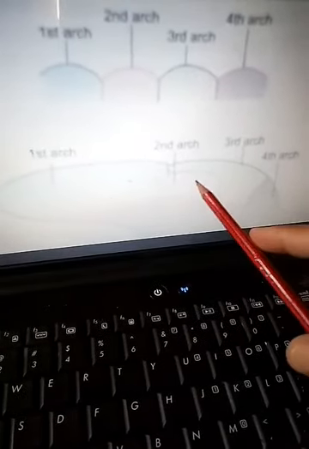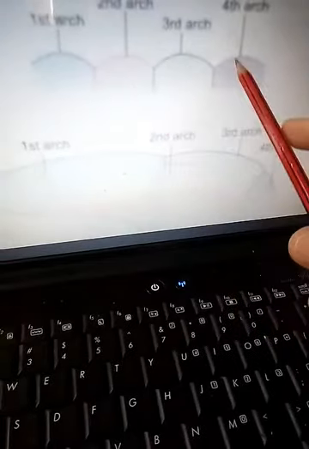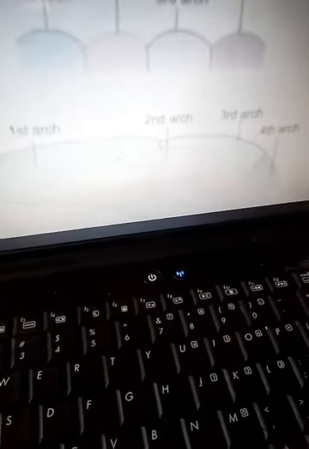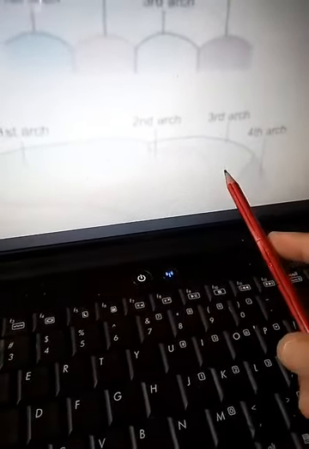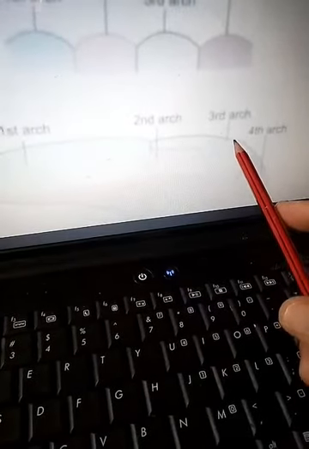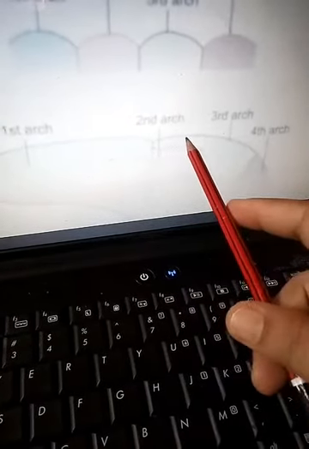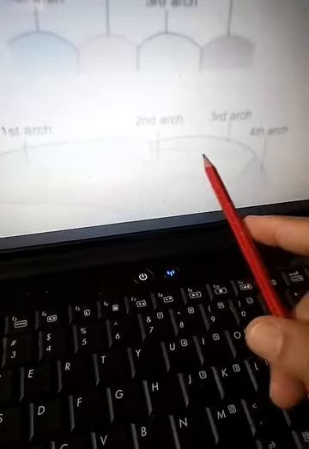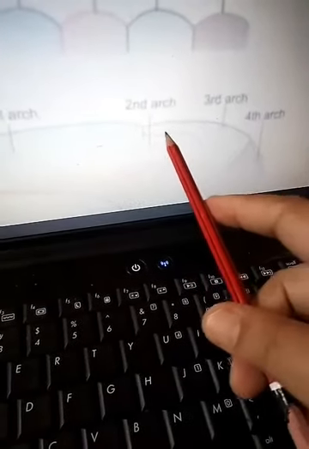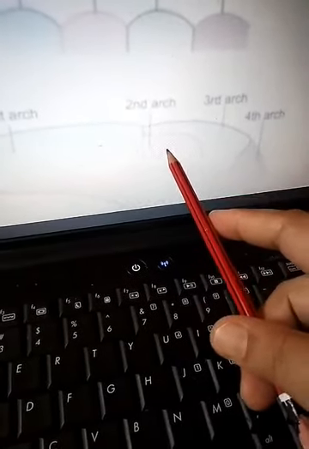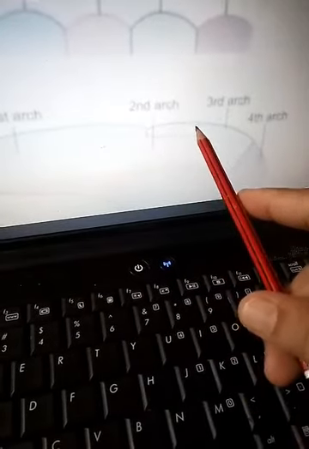Now you have to see that in relation to the second, third and fourth arches, I told you we have the hypobranchial eminence. But what happens here in this picture, the third arch overgrows the second arch, and the second arch gets buried under the third arch.